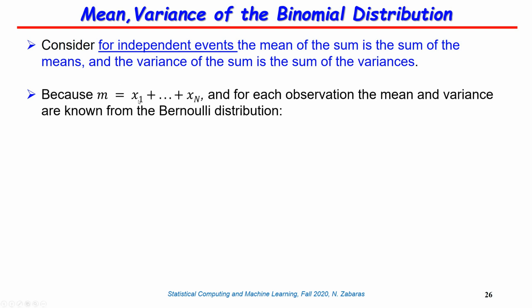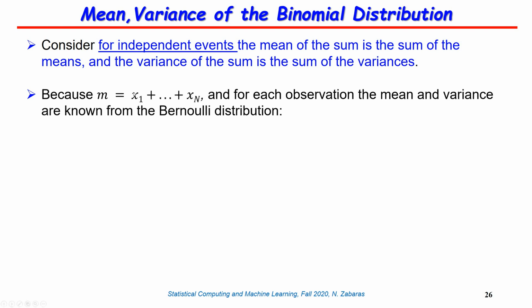But the simple calculation that I prefer to do in this slide is to say, look, we're looking for the mean of m, but m is x1 plus x2 plus up to xn, and each of these variables is a Bernoulli variable that has a mean mu.